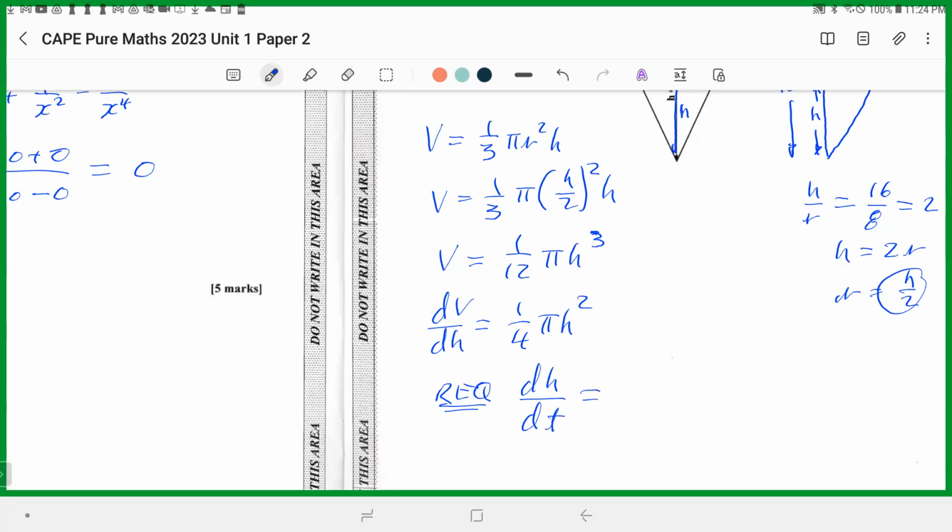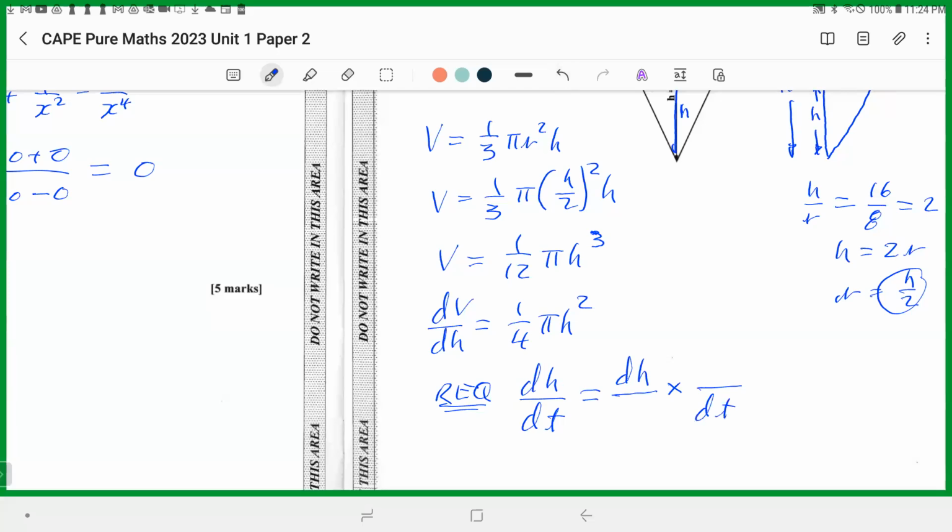We don't have any formula connecting them directly. So I set up the chain rule, multiplying two rates of change. The dh goes on top of the first fraction, and the second variable goes on the bottom of the second one. This is the dt.